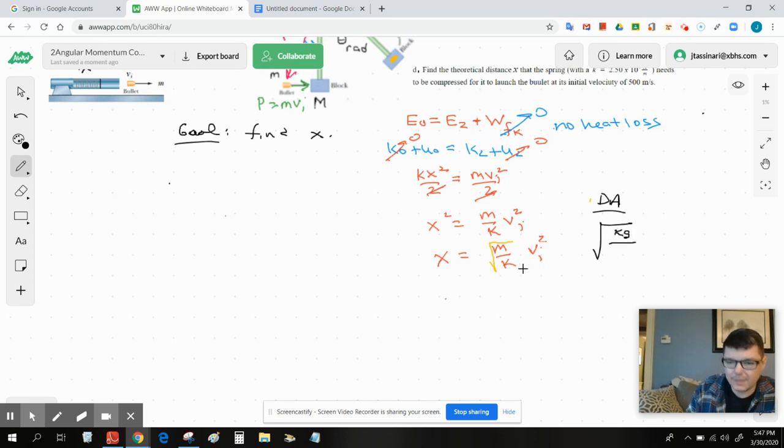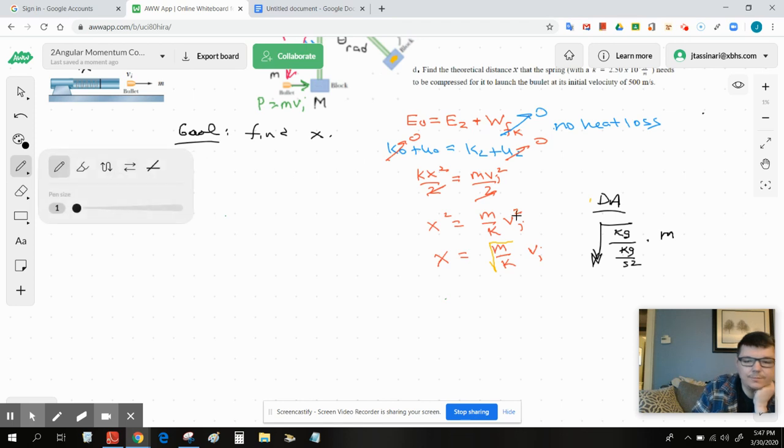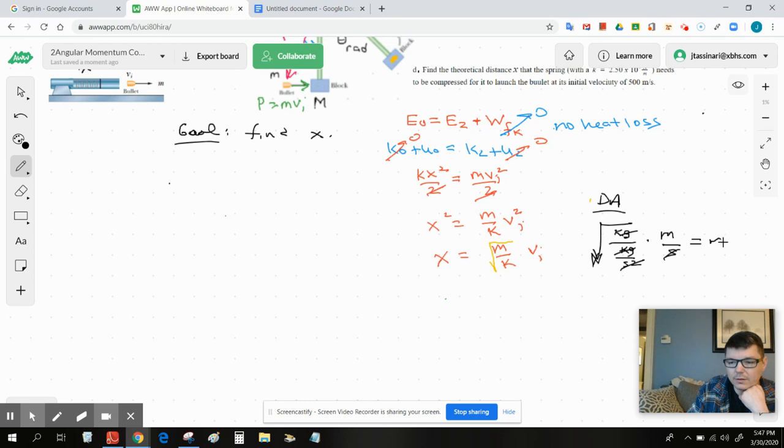K has units of newton meters, which is kilograms per second squared, still under the square root, times meters per second. These cancel, this flips up, and the square root gets rid of this. And my unit analysis, or dimensional analysis, checks out.